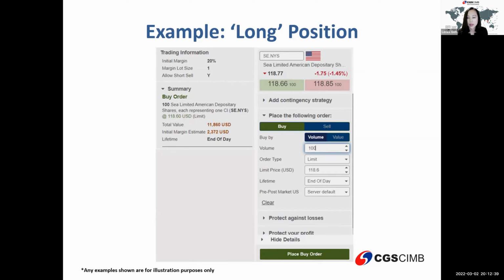In Singapore, because we are governed by MAS, the Monetary Authority of Singapore, for stocks within the index component, their margin is at minimum 10%, meaning you will have a leverage of up to 10 times. But if the stock is not within the index component, the initial margin will be minimum 20%, so the leverage is up to five times. Not every stock is five times; it really depends on what stock you're trading.